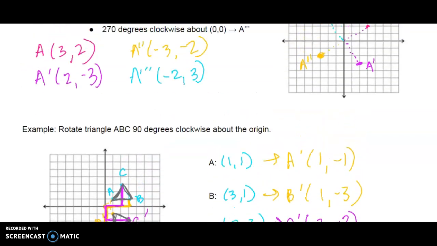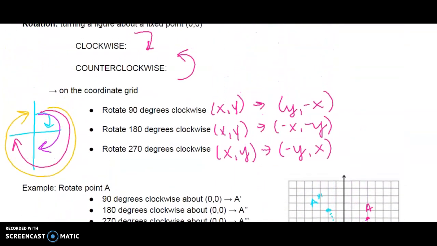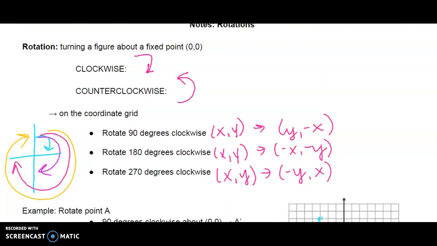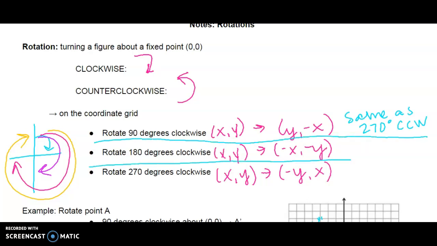Okay, the last thing that I want to talk about, I want to scroll up for this. When we think about a 90-degree clockwise rotation, that is the exact same thing as a 270-degree counterclockwise rotation. I'm just going to put some lines here so it's a little bit more organized. For 180 degrees, because that's half of a full rotation, it doesn't matter if you go clockwise or counterclockwise, because either way it's half.